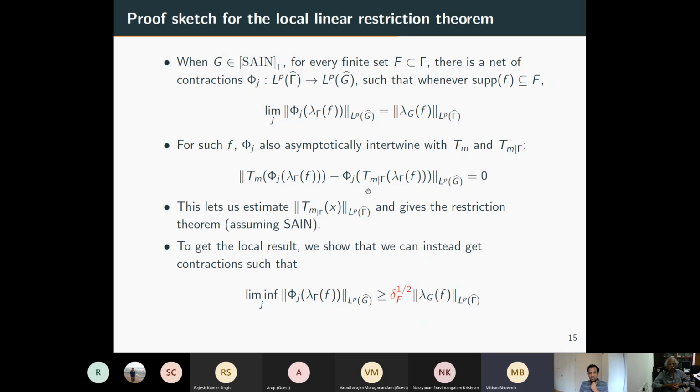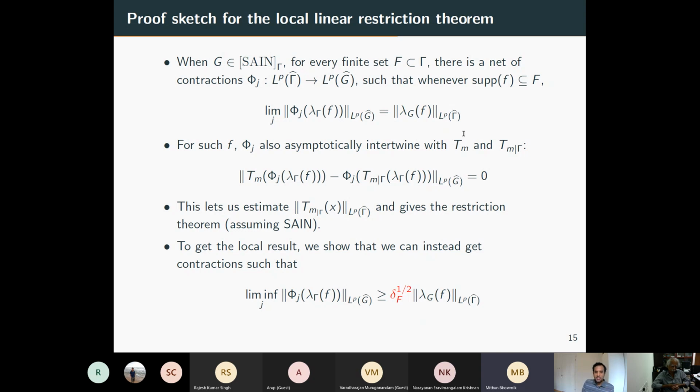This lets us estimate what T_m, the restricted Fourier multiplier, does acting on some x, for some particular class of x. It lets us estimate the L^p gamma hat norm of this, because all of these are contractions, and in the limit as well, they act like they are asymptotic isometries.